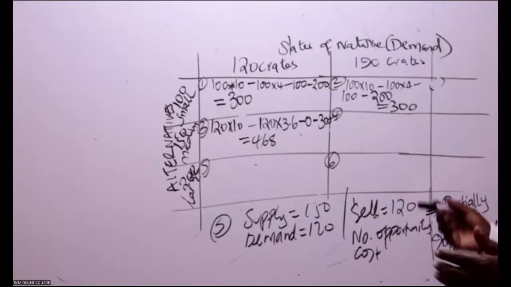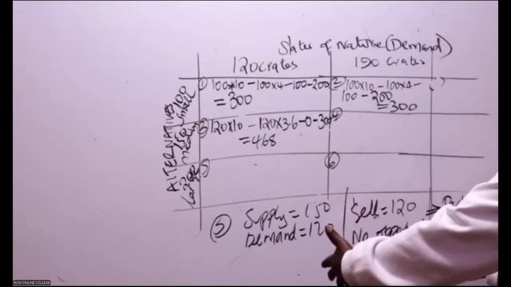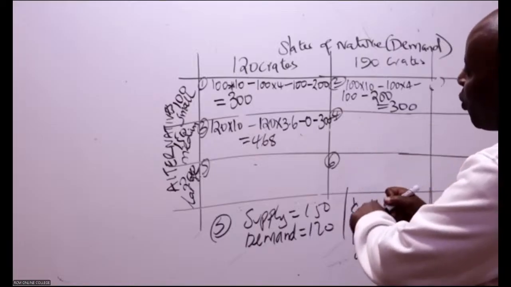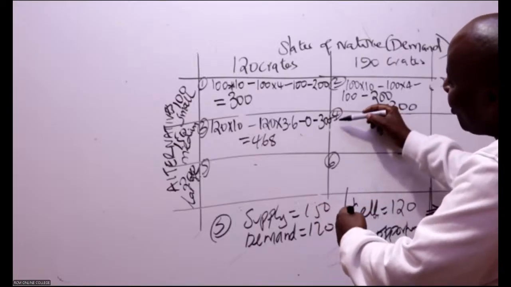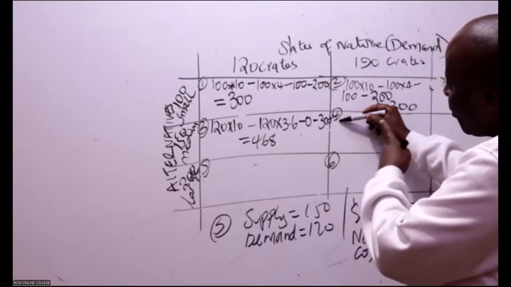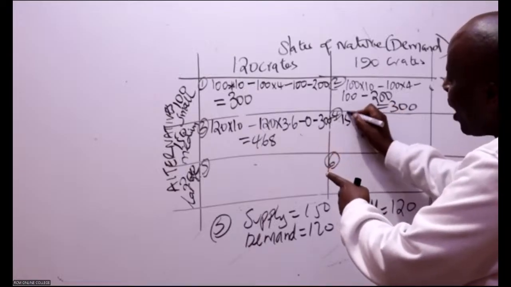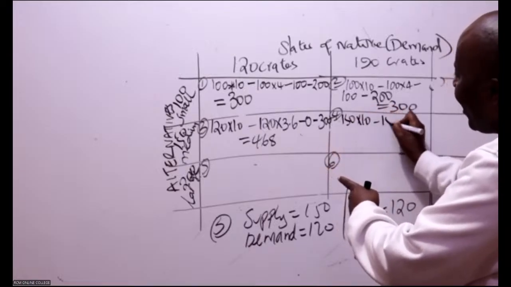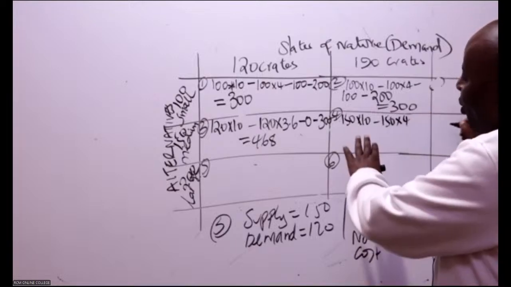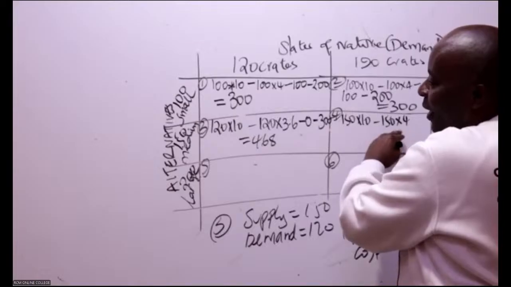So they now finish all the others. I can now do this without a lot of write-ups here. For example, when I go to number 4, as a bright student, I'm able to place my pen here and see 150 versus 190. So I will sell 150. So 150 times 10 minus 150 times 4, because this van is at full capacity.